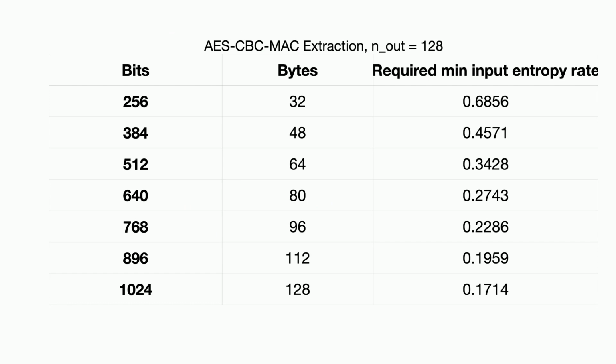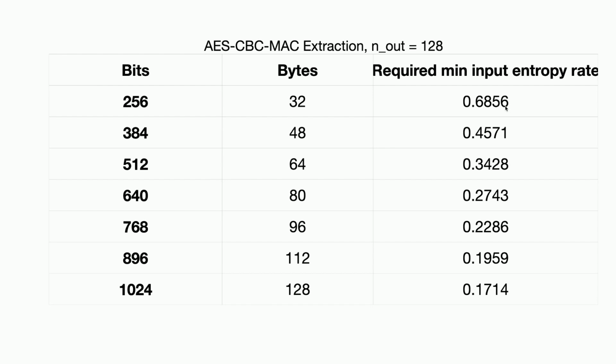And when we write some code and do that, we get these answers. This is for CBC-MAC, so n_out is 128, nw is 128. If we put in 256 bits, or 32 bytes, we need at least 68.56% min entropy.